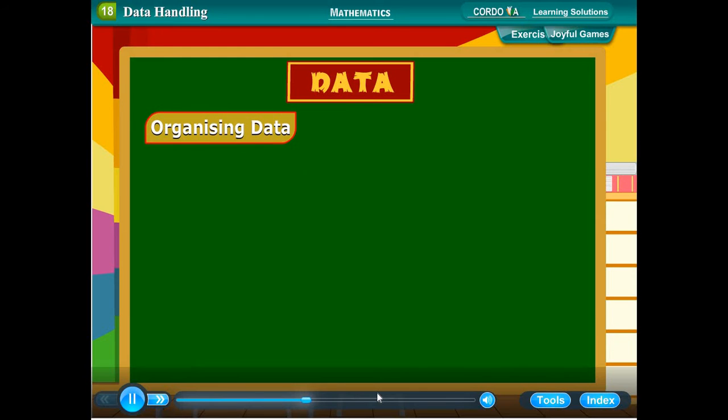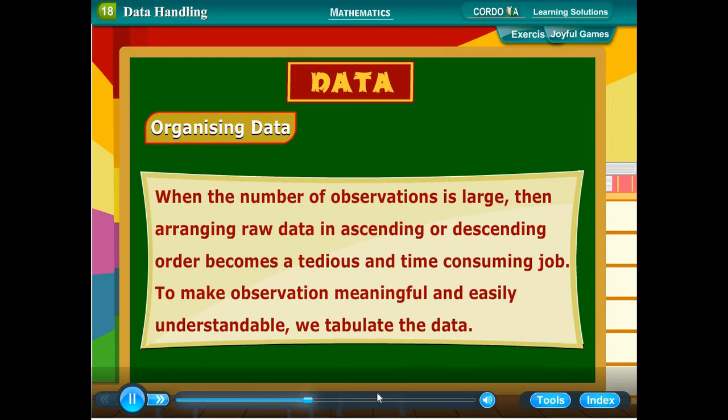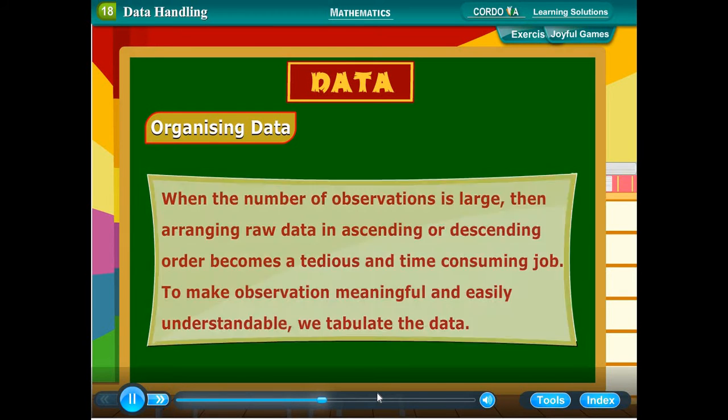Organizing data. When the number of observations is large, then arranging raw data in ascending or descending order becomes a tedious and time-consuming job. To make observation meaningful and easily understandable, we tabulate the data.